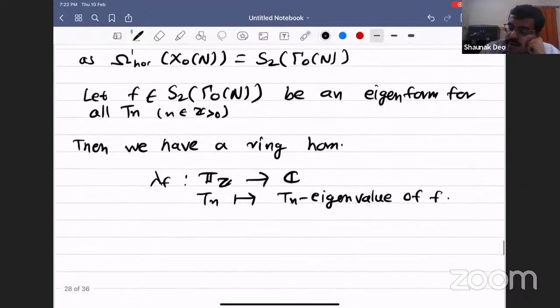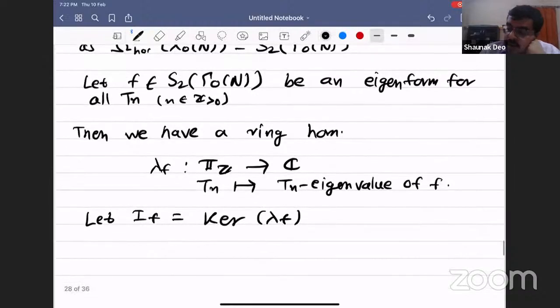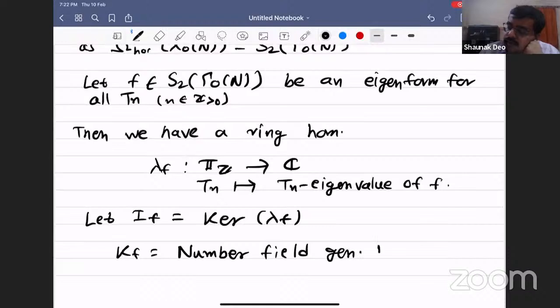And we let I_f be, so this is a bit of a notation that I'm writing, because it will be used in stating another version of the modularity theorem. We let I_f be the kernel of this map lambda f, and K_f be the number field generated by the Hecke eigenvalues of f.